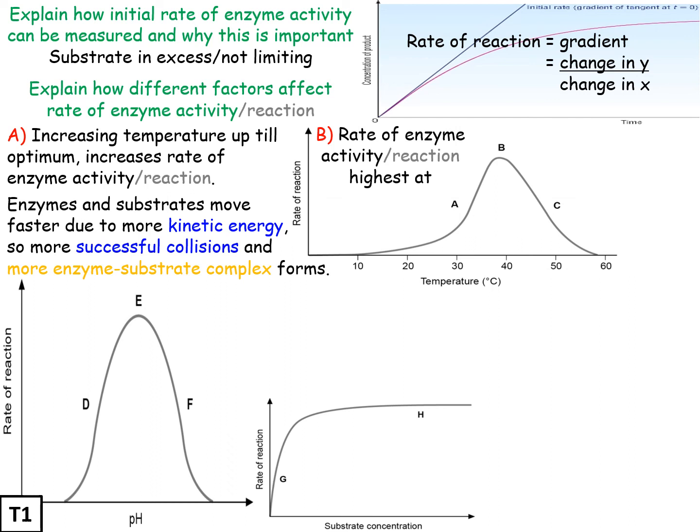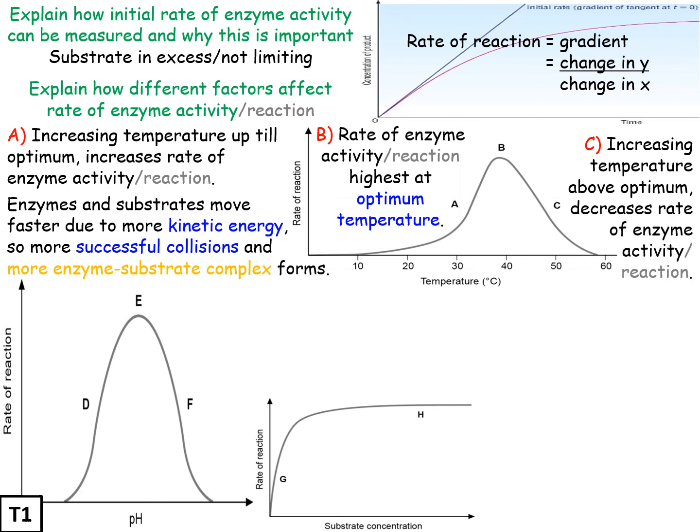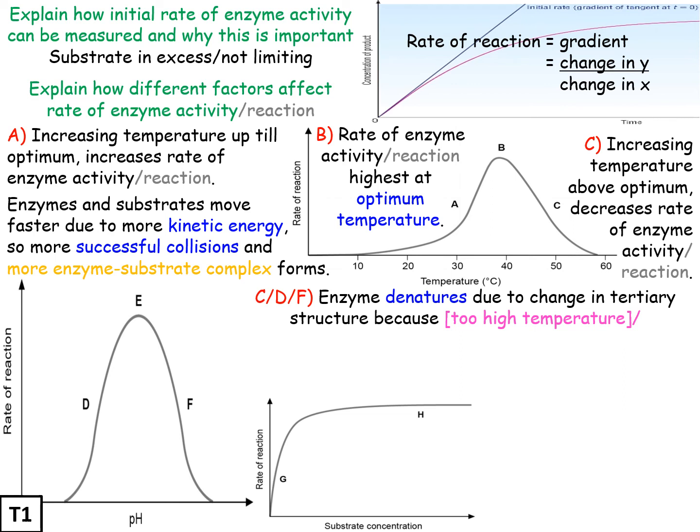At B, you can see that the rate of enzyme activity is at its highest. And this occurs at the optimum temperature. Whereas at C, the increase in temperature above the optimum means that there's a decrease in the rate of enzyme activity or the rate of reaction. And we know this because the enzyme active site denatures. There's a change in the tertiary structure due to the temperature being too high.